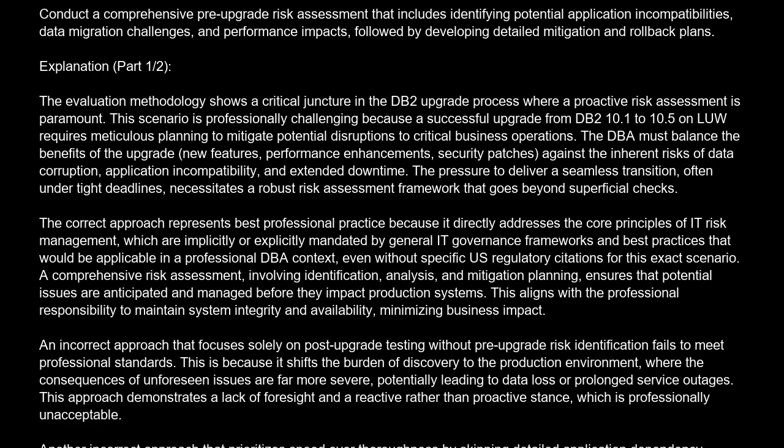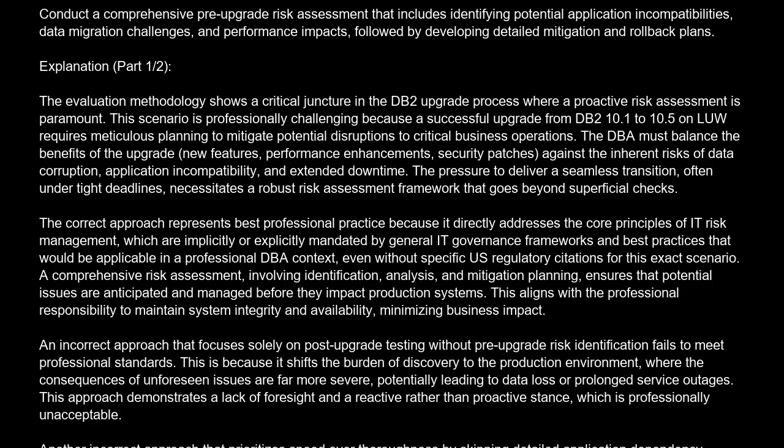This is because it shifts the burden of discovery to the production environment, where the consequences of unforeseen issues are far more severe, potentially leading to data loss or prolonged service outages. This approach demonstrates a lack of foresight and a reactive rather than proactive stance, which is professionally unacceptable.